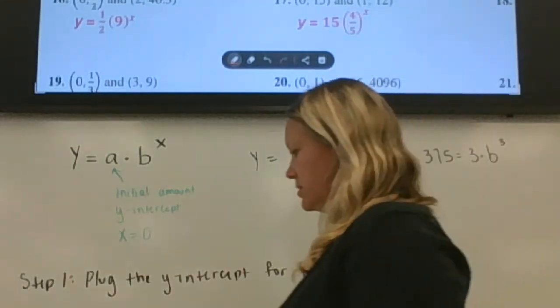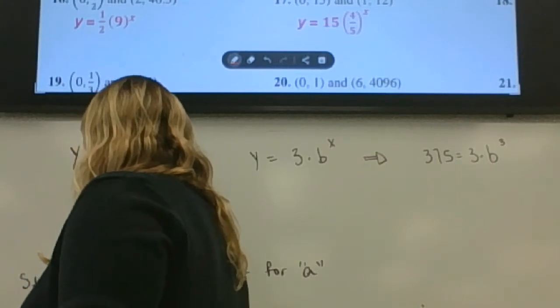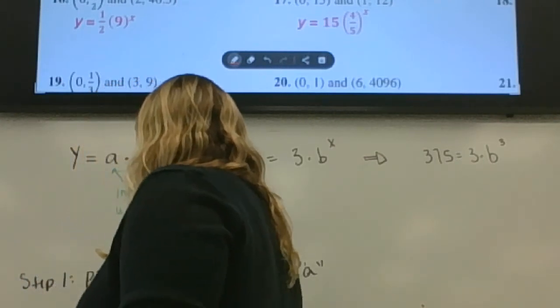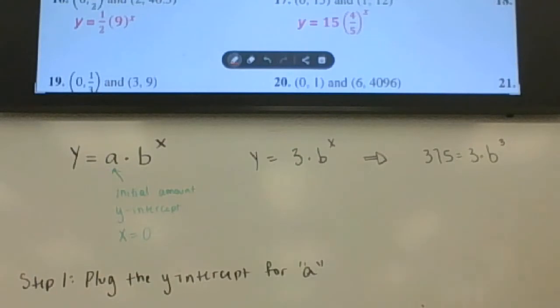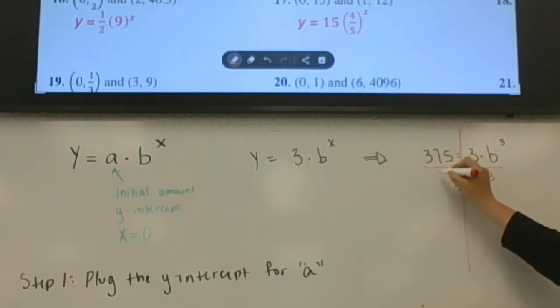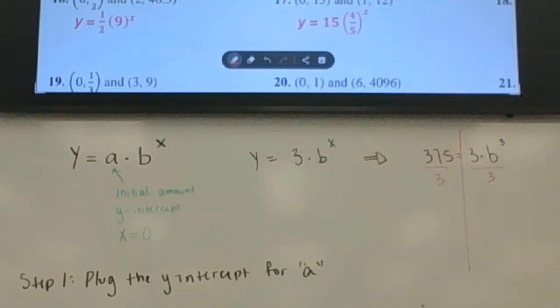So step 3 is to solve. I'll put a line here. I'm trying to find b, so I'll divide by 3 on both sides. That gives 125. And what's the last step here? Cube root both sides.